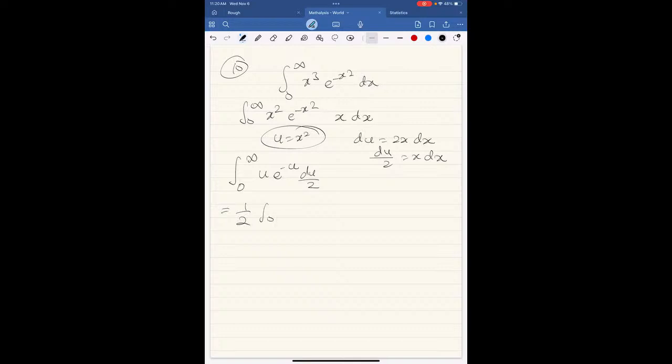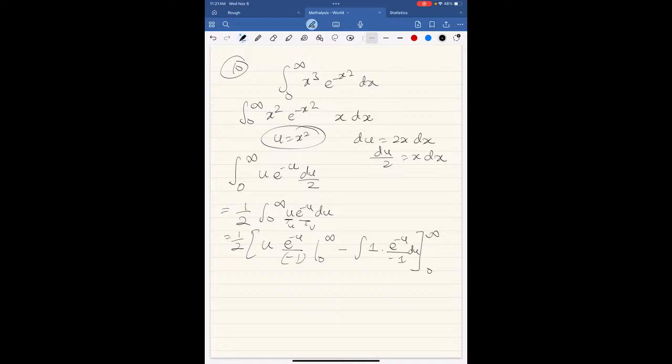Now you can just use integration by parts, right? Let me say this is our u, this is our v. So this will be u times the integral of that, which is e to the power minus u by minus 1, from 0 to infinity, minus the integral of the derivative of u, which is just 1, times e to the power minus u by minus 1, from 0 to infinity.